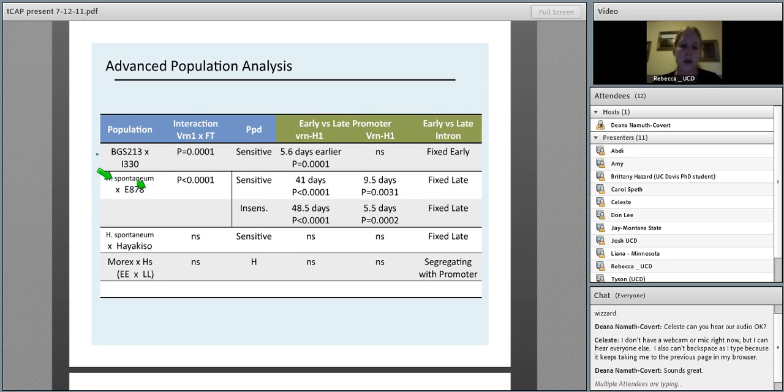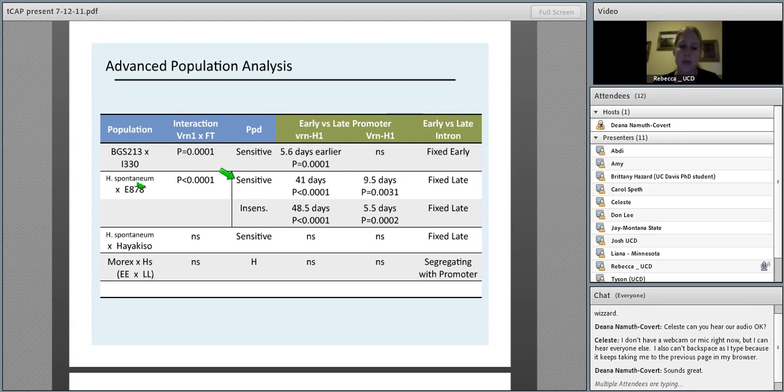But we don't see a significant effect when you get to the dominant VRN1 because it's already pushing itself through to earlier flowering. If we look at spontaneum crossed with a line called E878, spontaneum has that recessive VRN1, but we believe it's a little bit stronger than the VRN1 allele that we see in I330. Again there's a very strong interaction between VRN1 and FT.